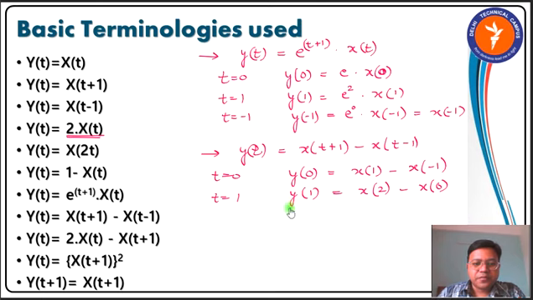So the present output is dependent on future input and past input. Similarly, if I consider the reference time to be t equal to minus 1, then y of minus 1 will be equal to x of 0 minus x of minus 2.